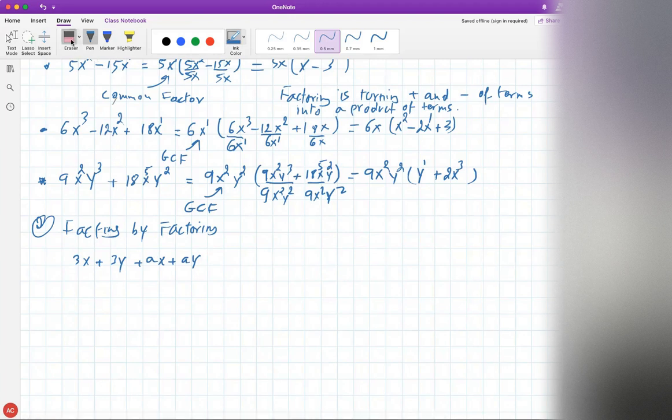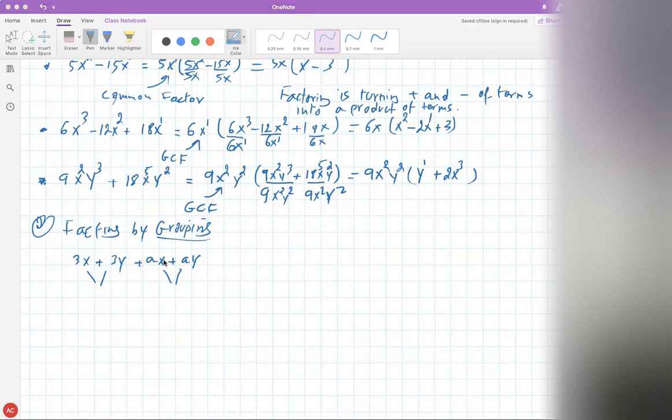Factoring by grouping. It's not factoring by factoring. That's when we look at them and see that these two have something in common, and these two have something in common. So we can group them. We can factor these two together and then factor these two together and see what happens.